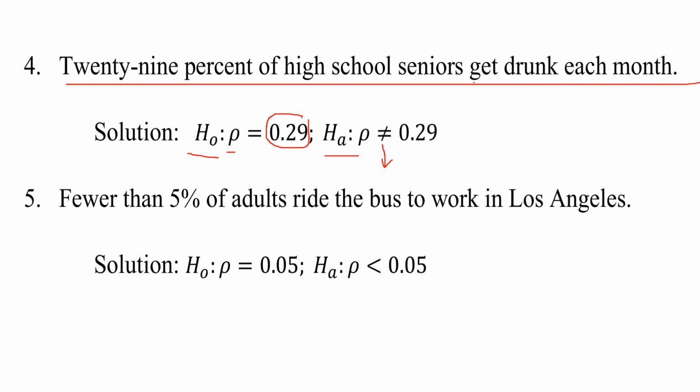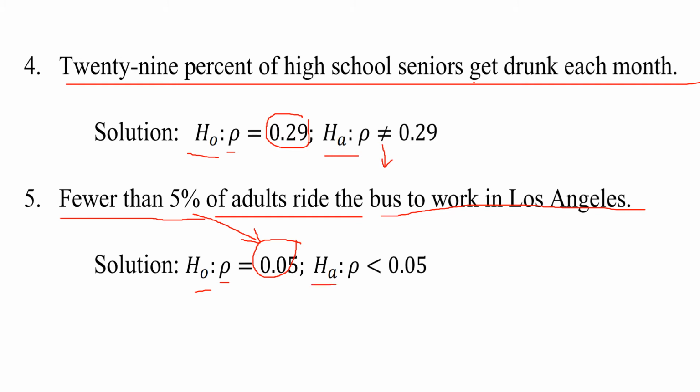For your fifth statement, fewer than 5% of adults ride the bus to work in Los Angeles. Now, for your null, we assume that your population proportion is 0.05. So we simply convert this 5% to decimal and we divide by 100.